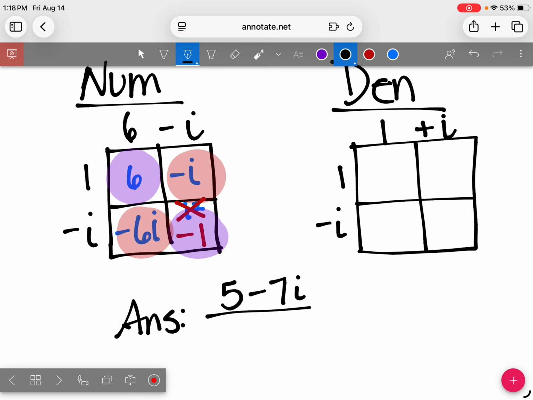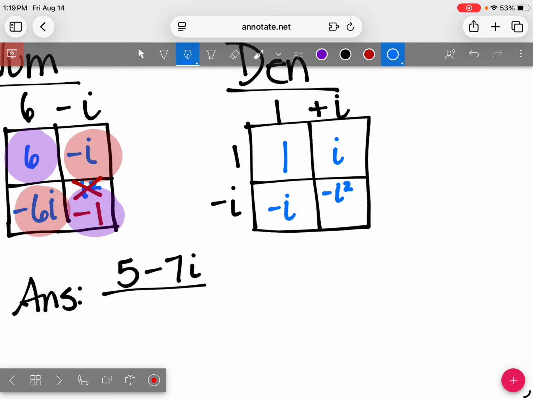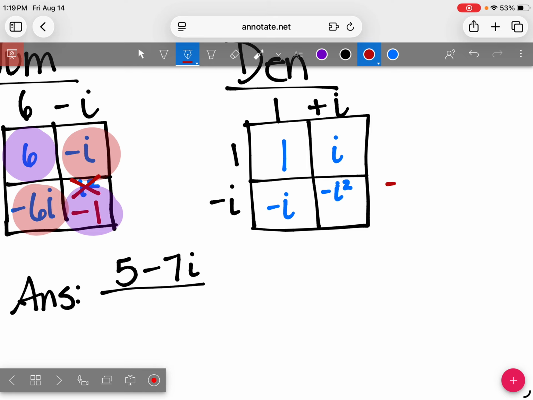All right, now let's do the denominator. We start off with 1 times 1, which is 1. 1 times i, which is i. Negative i times 1, which is negative i. And in this last corner, we have negative i times negative i, which is negative i squared, which is negative times negative 1.